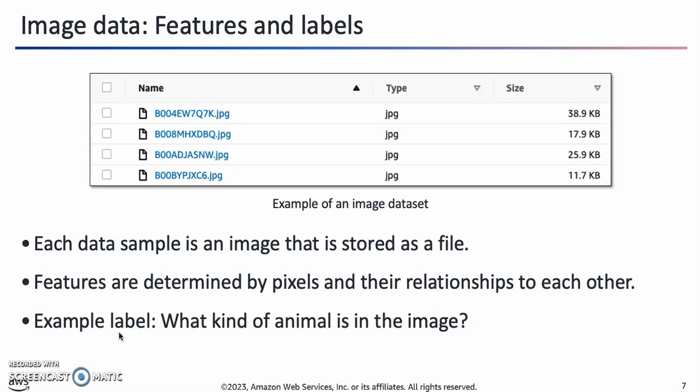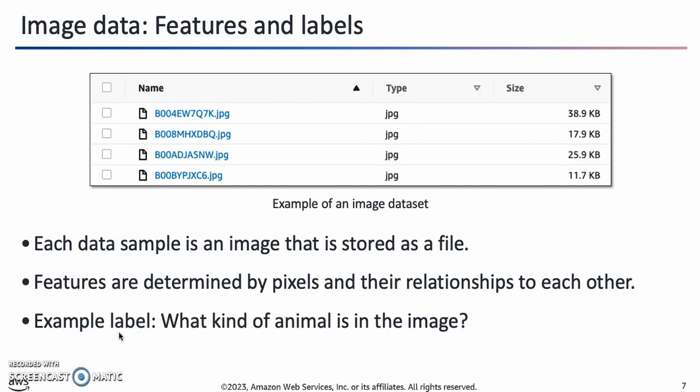So when you produce a photo with a device like a smartphone, that usually is stored into a file. And what you see on this slide is in the middle column, the extension JPEG, JPG is a common type of file extension for an image.